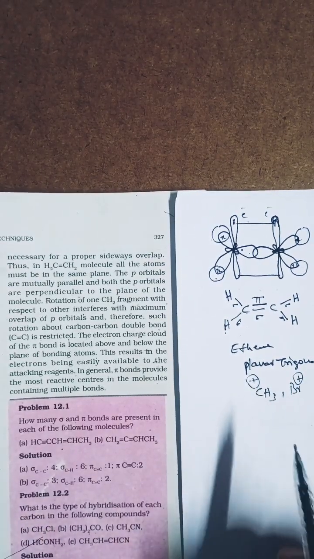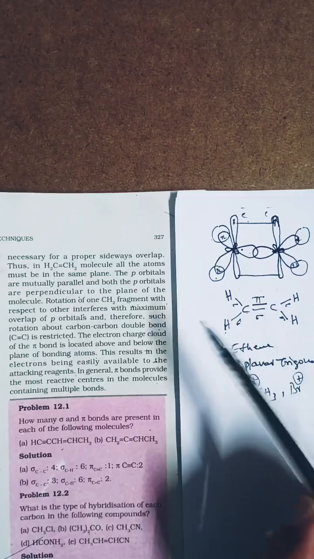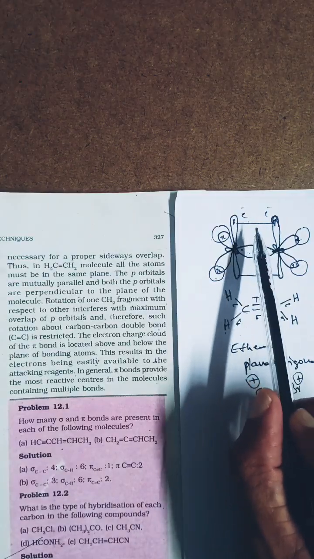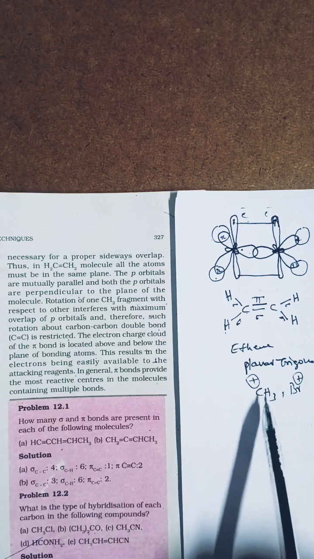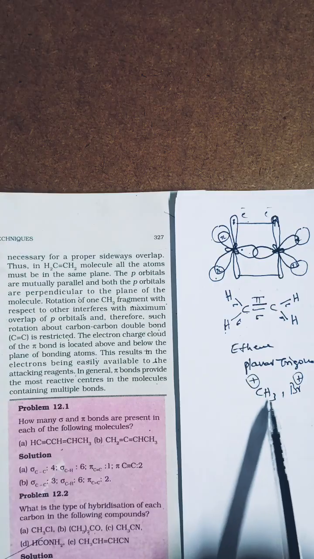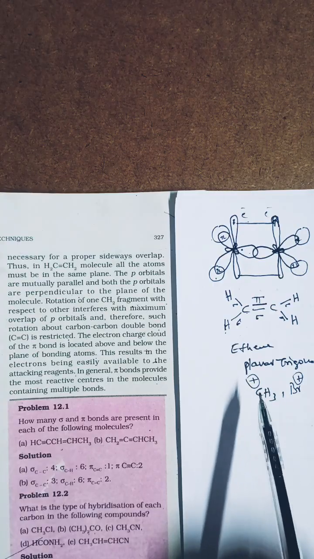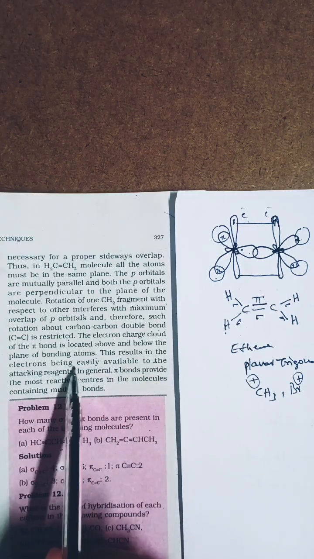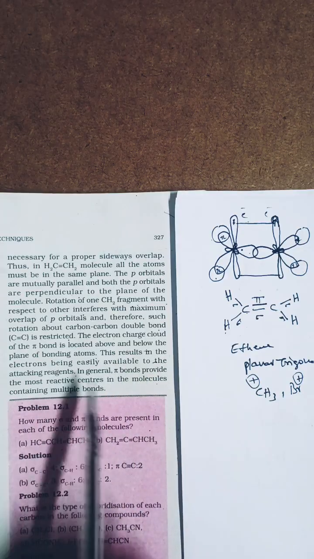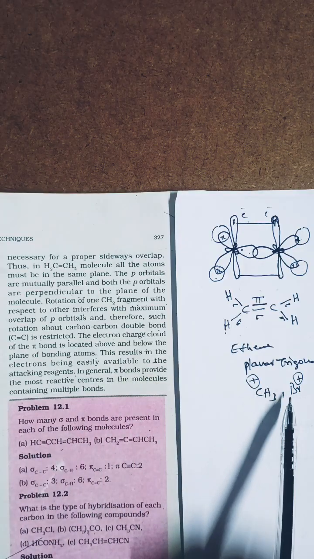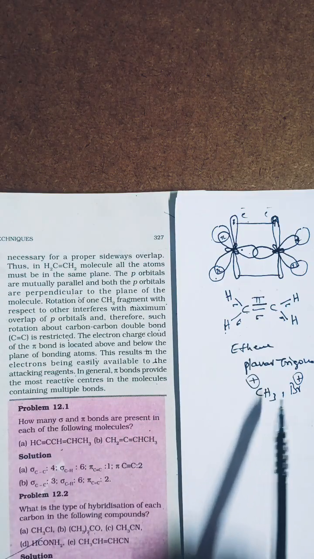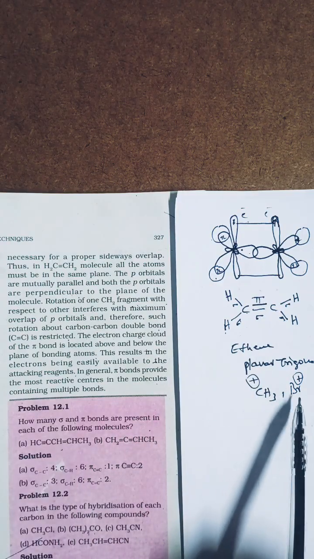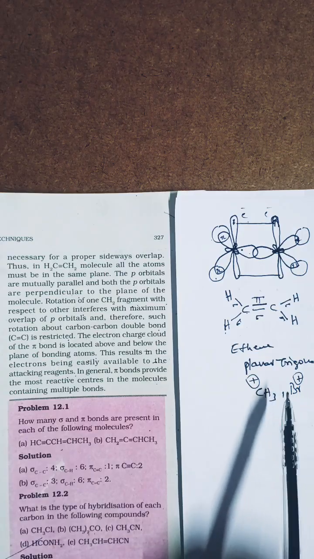When such a positively charged species comes, this electron density attacks the bromonium ion or methyl carbocation. Carbonium ion or carbocation, they are the same. This results in the electrons being easily available to the attacking reagents, so these electrons easily attack carbonium ions, bromonium ions or nitro ions, positively charged species.